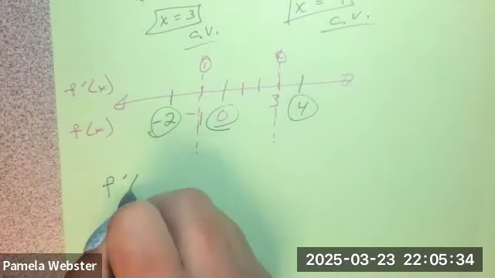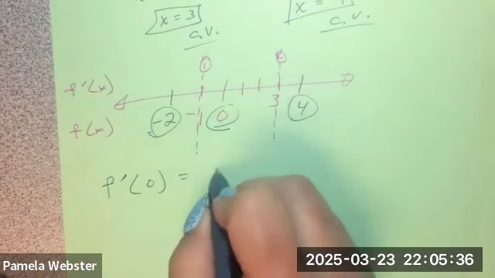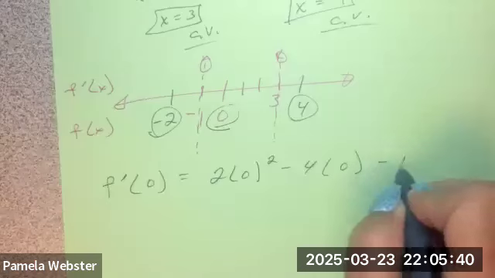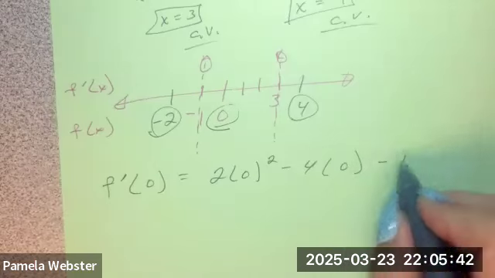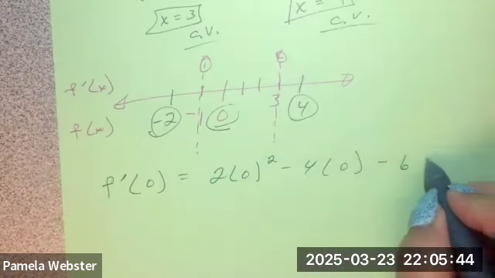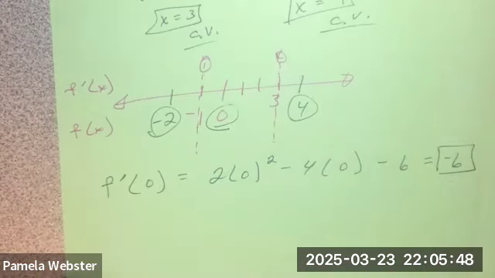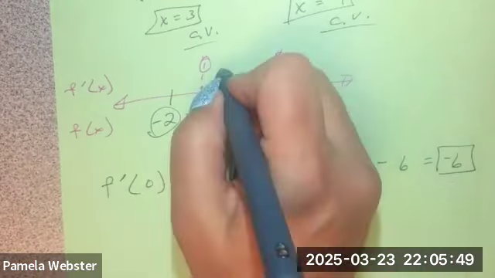So f prime of 0 equals 2 times 0, 4 times 0, minus 6. That's a 0, that's a 0, that's a negative 6. I don't care about the number, what I care is that my derivative is negative right there.